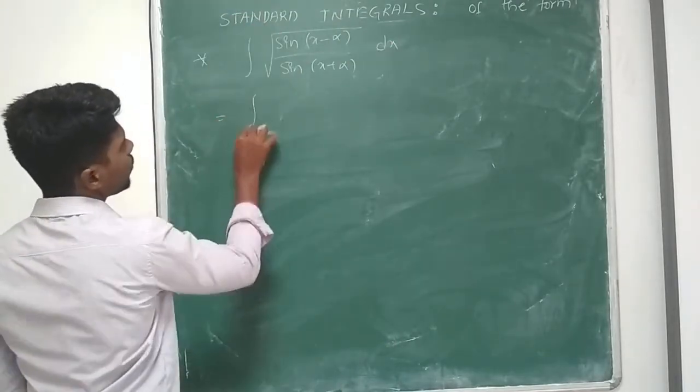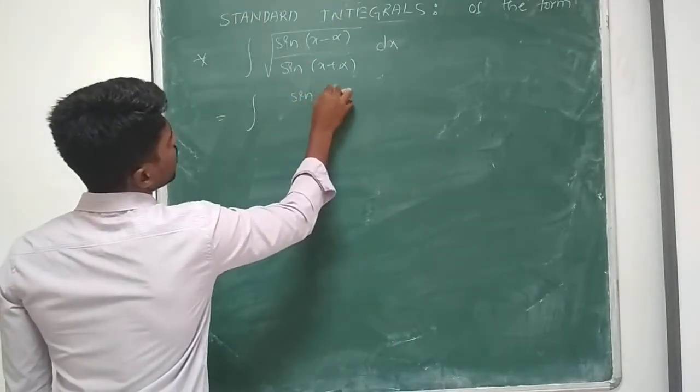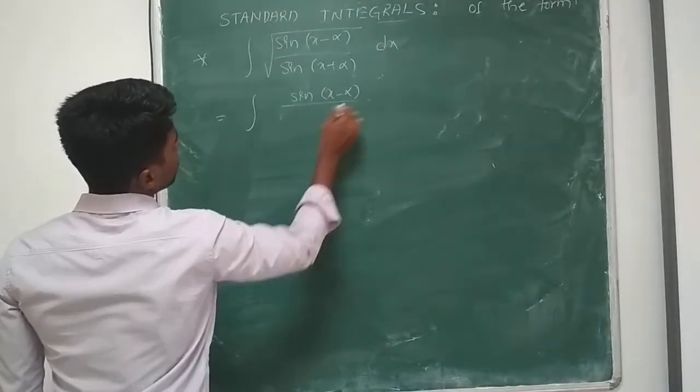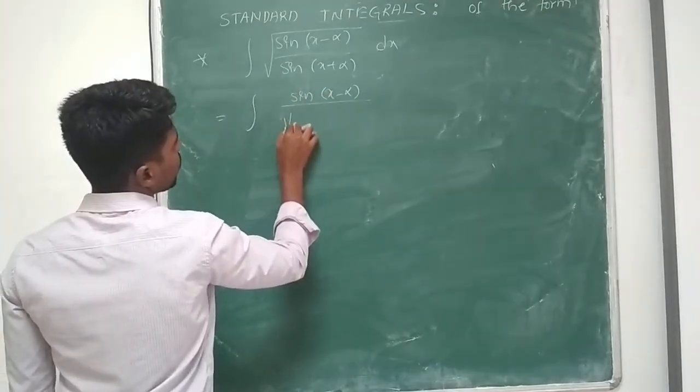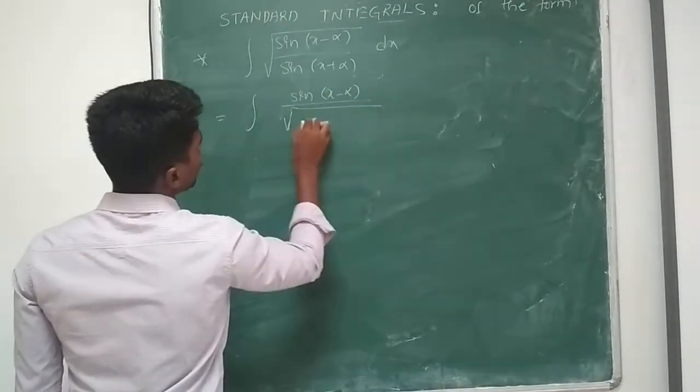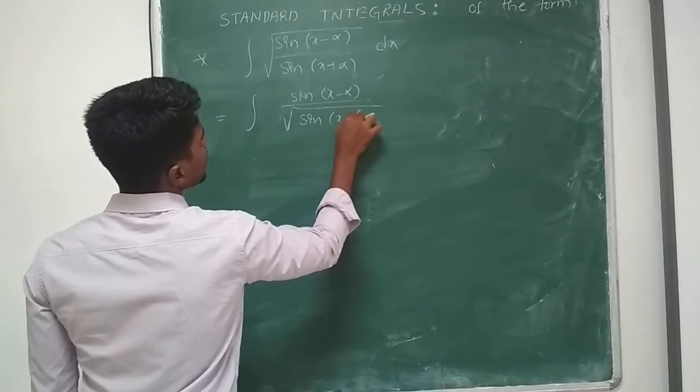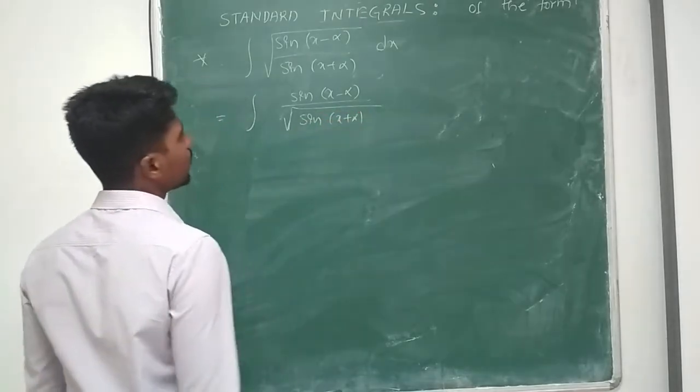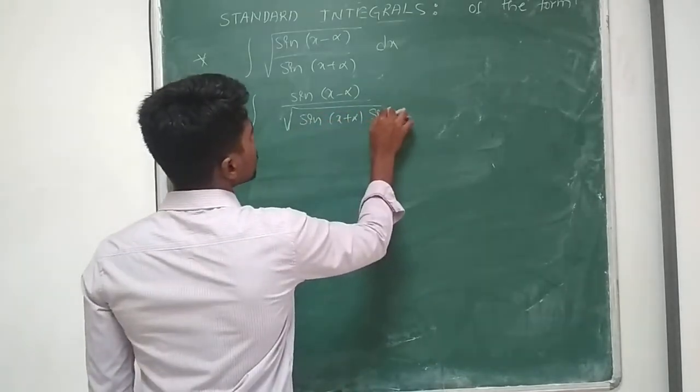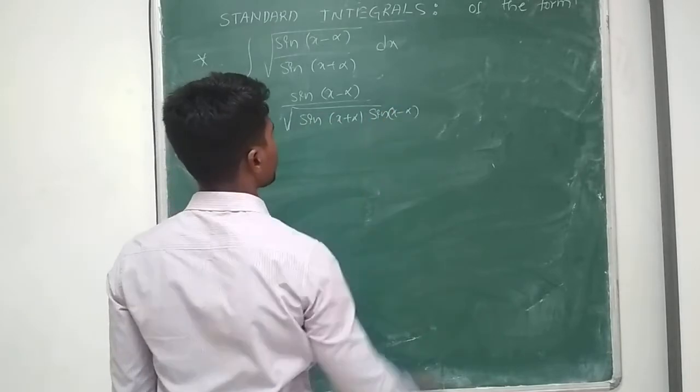So it is equal to the integral of sin x minus alpha by root of sin x plus alpha into sin x minus alpha, dx.